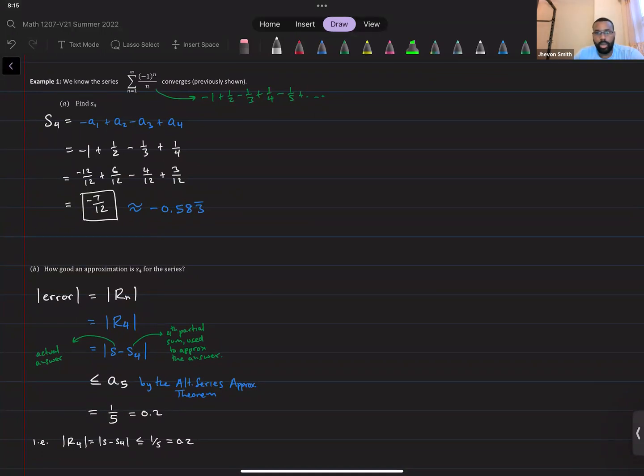Okay, any questions so far, on me using this theorem, or me doing any of these calculations?